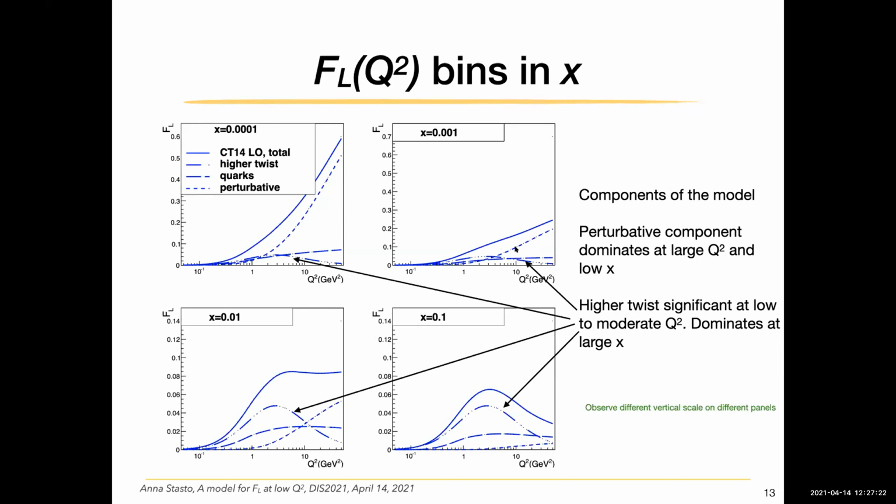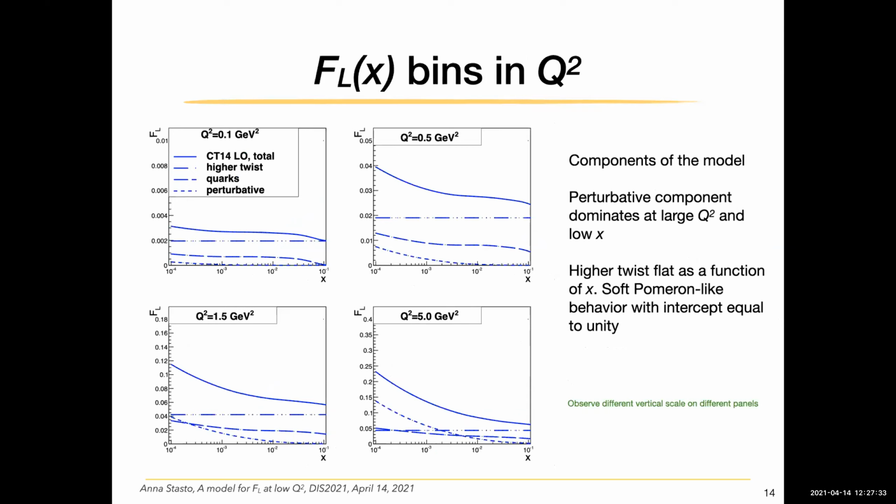So it's a genuinely higher twist contribution, but its dominance is mostly at large x. Similarly, in this plot you see the higher twist is flat in all these plots because it has this soft Pomeron-like behavior. And then any type of growth is, of course, due to the perturbative component.